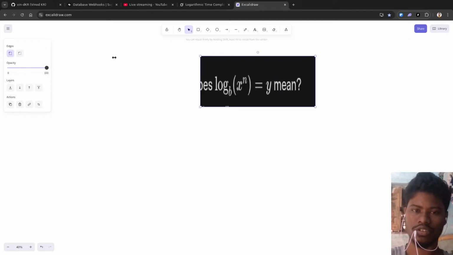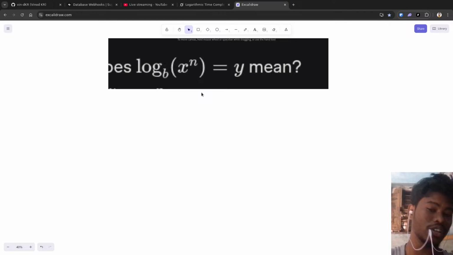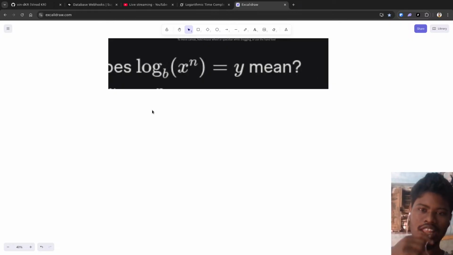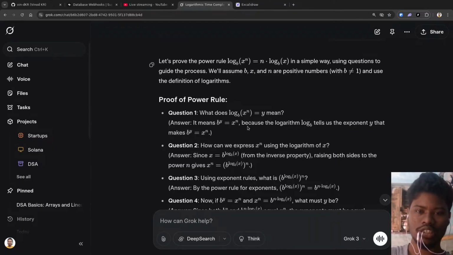It is saying log base b of x raised to the power n.